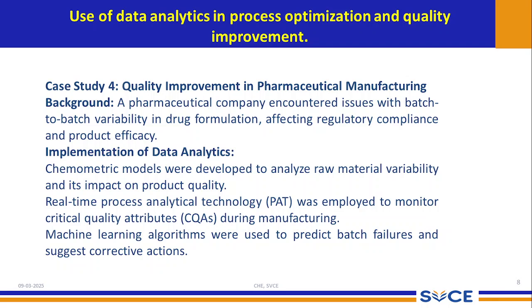Real-time process analytical technology was employed to monitor the critical quality attributes during manufacturing. Machine learning algorithms were used to predict batch failures and suggest corrective actions. For this, you need to train the system by giving it input, so it can predict why the output is not matching the expected outcome.